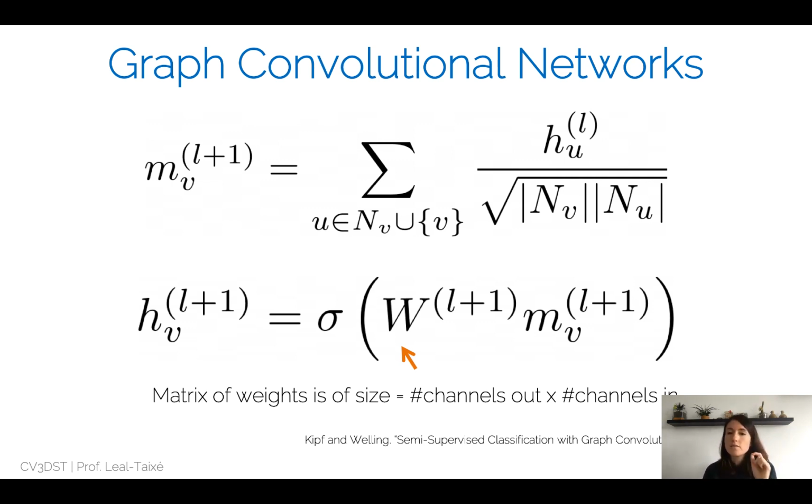Again, it doesn't really matter how many nodes are connected to the node V, so the number of connections doesn't really matter. The only thing that matters is that I have a certain embedding representation with a certain number of channels, and now I want to convert it into an embedding representation H, which can actually fit as the embedding of my node V.